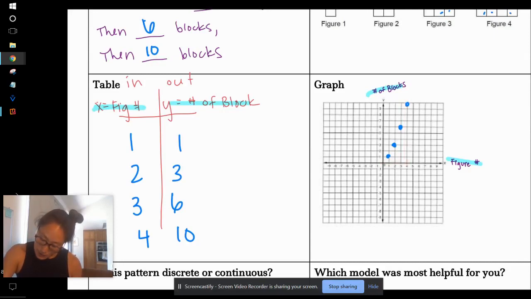I noticed that between each one of the figure numbers, like from 0 to 1, 1 to 2, 2 to 3, and 3 to 4, we are gaining more and more blocks. Okay, so not the same amount between every figure.